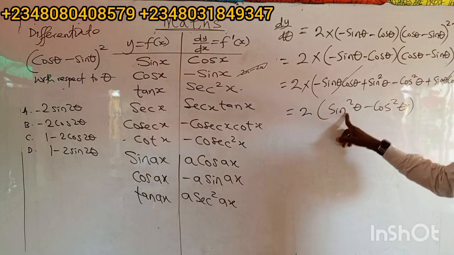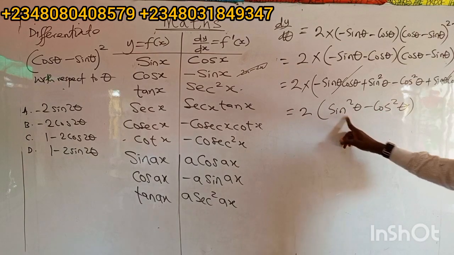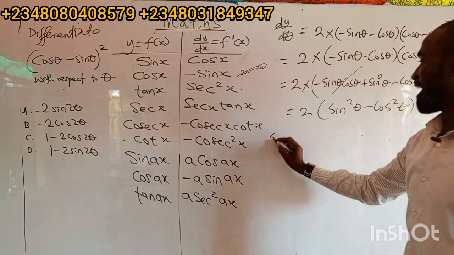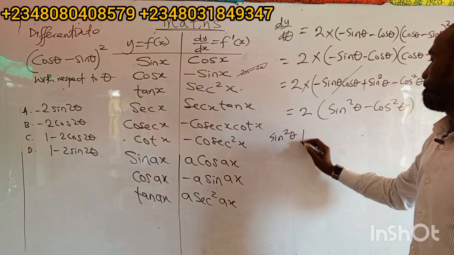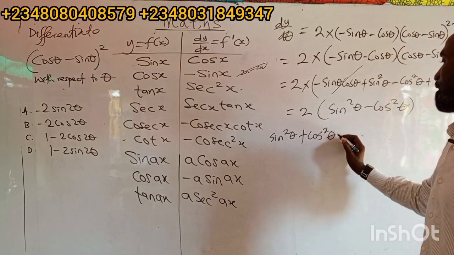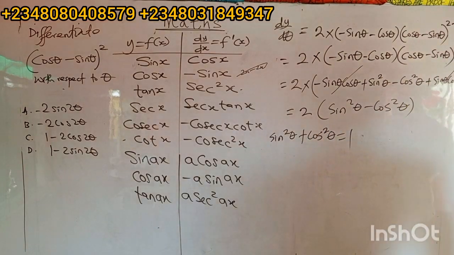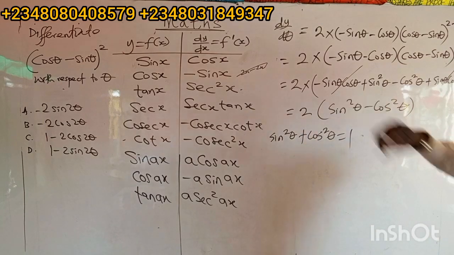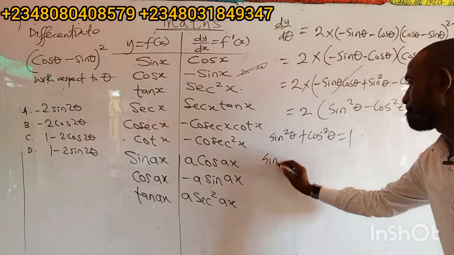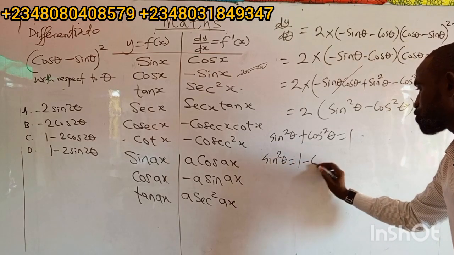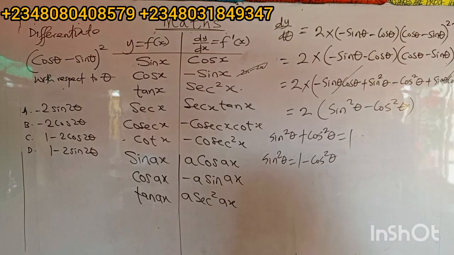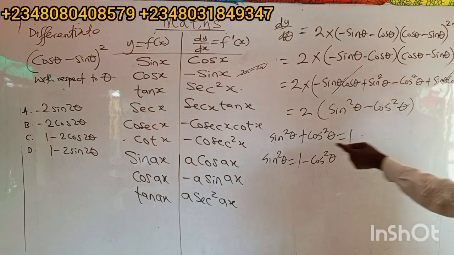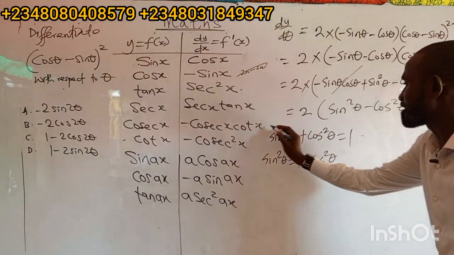Either we change this one to cos, or we change this one to sin. Now, sin square theta plus cos square theta gives us 1. So let me try and change this one to cos square theta. For every sin square theta, I have 1 minus cos square theta. Look at this, this is a fact under trigonometry.